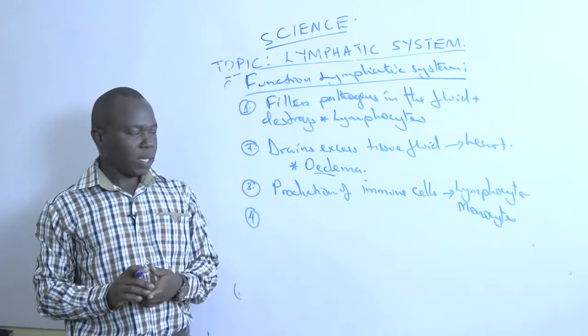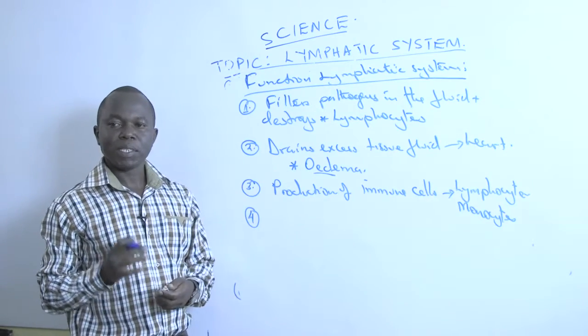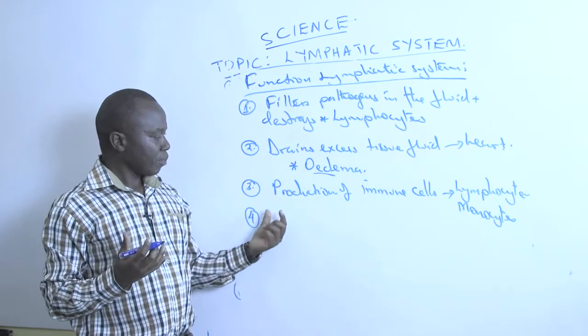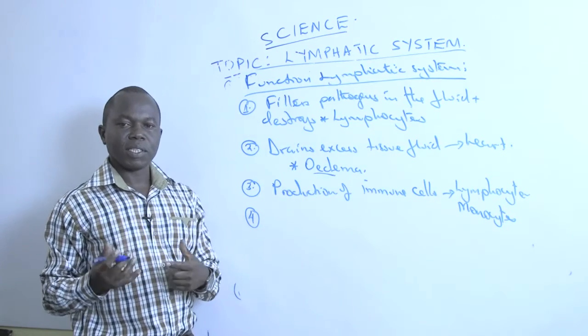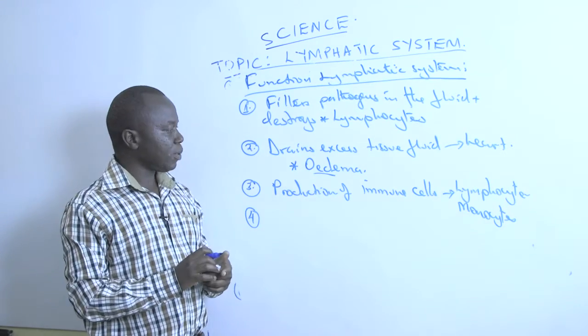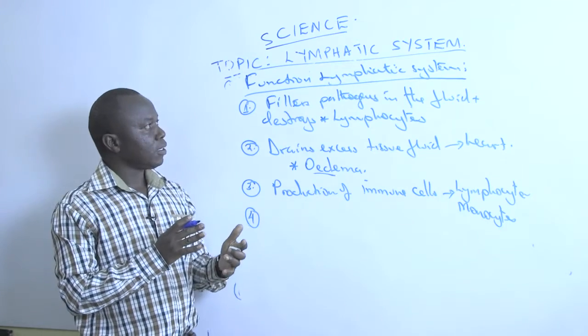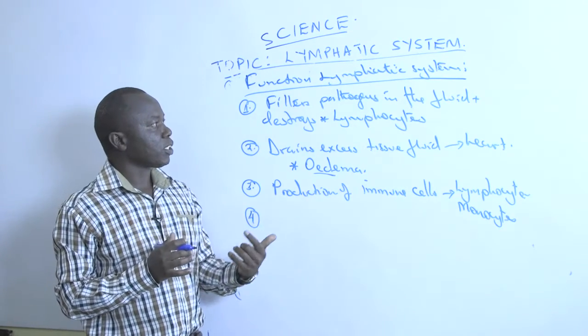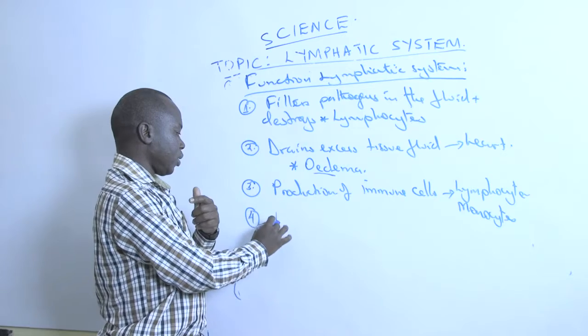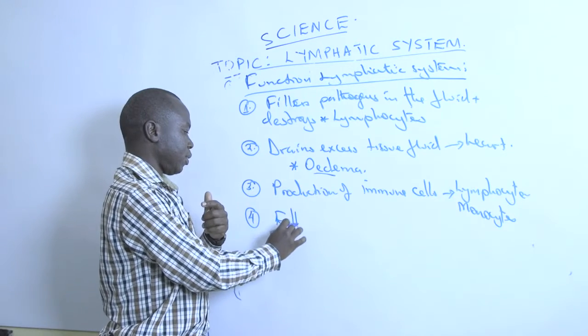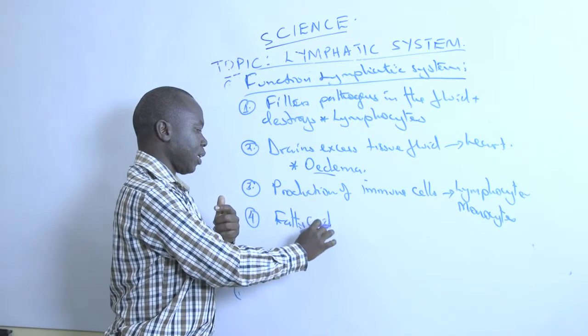And then when we looked at the digestive system, we said that we have some food materials that cannot be directly absorbed into the blood circulatory system, but have to find a system in which they will be transported. One of them was the fatty acids and glycerol.